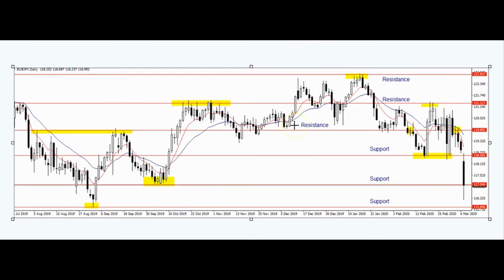My bias is bearish, as I said, as long as price is contained below this significant resistance area up here. What we can see has happened is price is, short term at least, in a range bound zone between 118565 to 121323 or thereabouts. So it's just been contained in that area, moving sideways primarily, certainly over the short term.